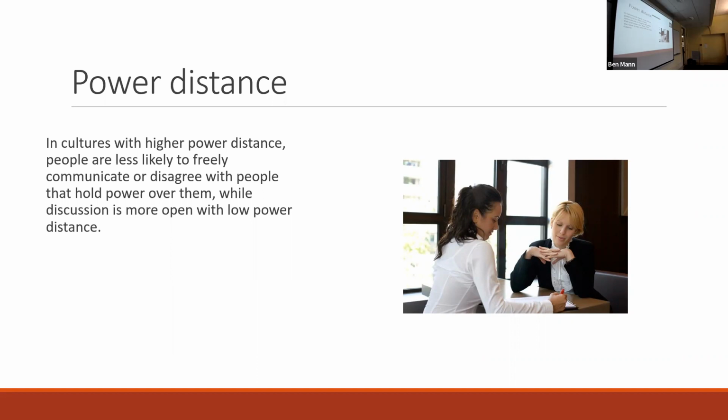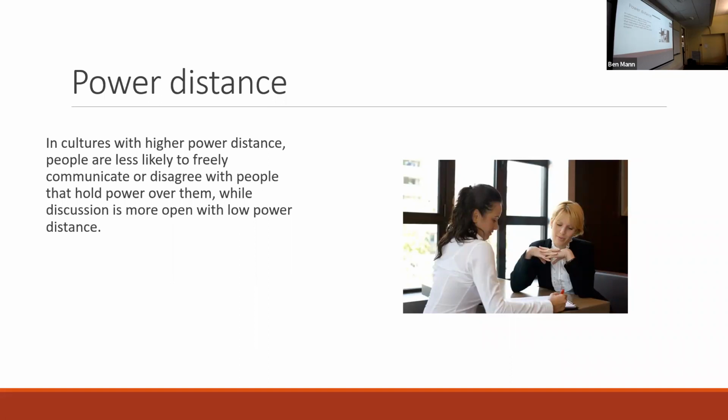In high power distance, you're more likely to have people who are ceding to authority, right? Perhaps you have a coach or a leader in your group, and you don't mess with them. You don't talk back to them. Perhaps you're in a family situation where you're not supposed to talk back to a member of that family. That's higher power distance, where you're more likely to listen to authority, and you're less likely to communicate.